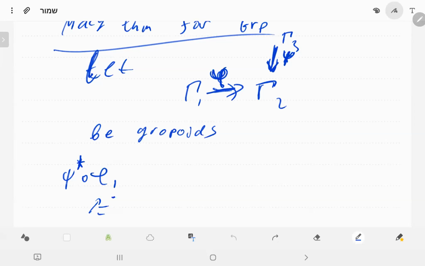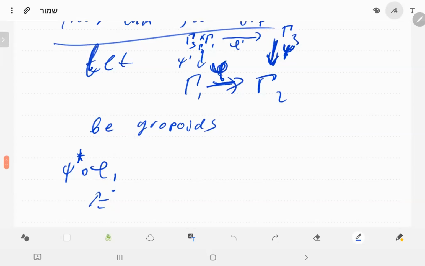So we want to compute this composition. And here is the answer. We have two groupoids, so we can consider this fiber product Γ3 ×_{Γ2} Γ1. And here we have φ', and here we have ψ'. And now the claim is that this composition is canonically isomorphic.